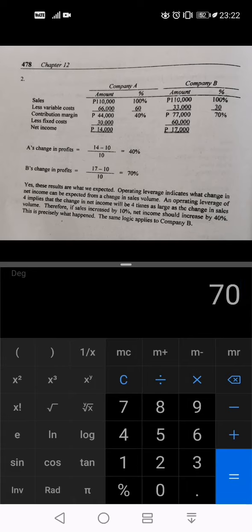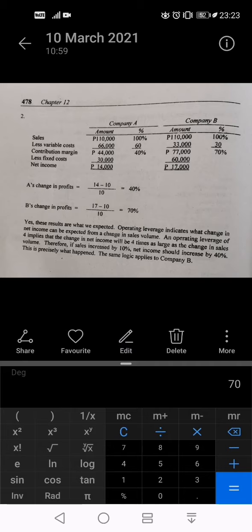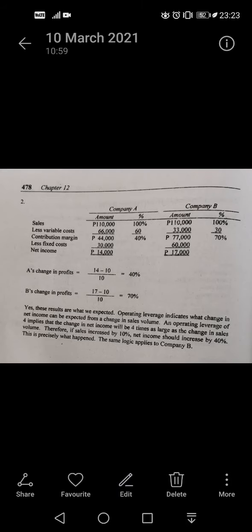You get 70%. These results are what we expected. Operating leverage indicates what change in net income can be expected from a change in sales volume, and the same logic applies to company B.